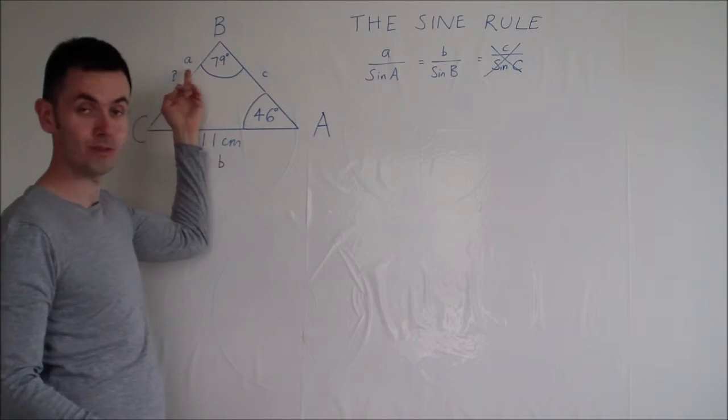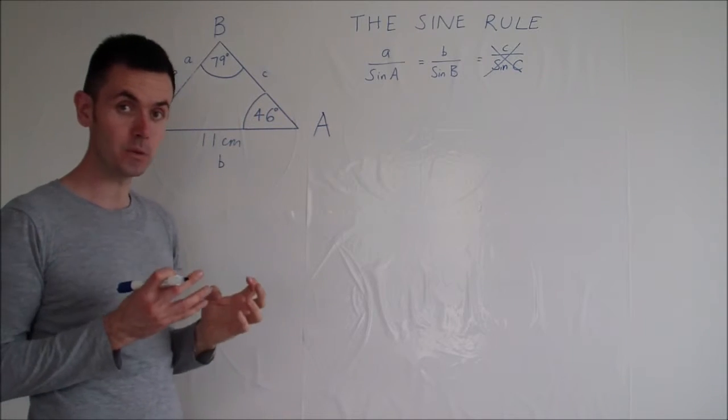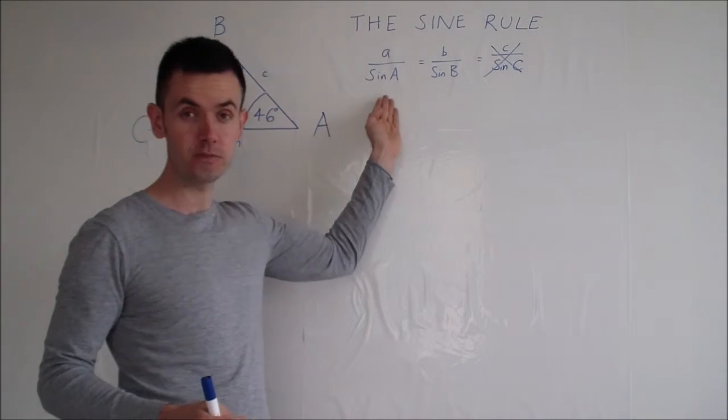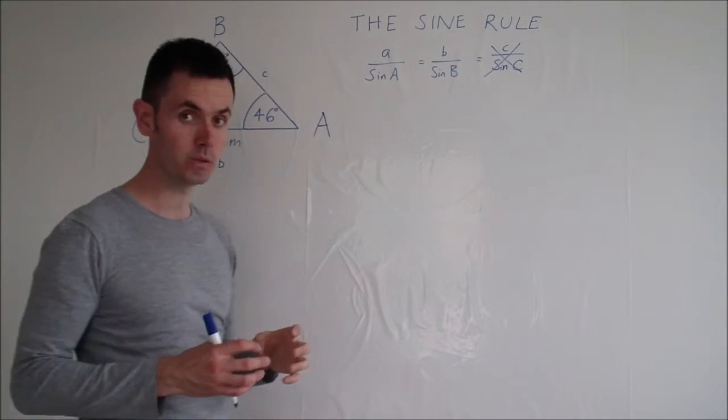And don't forget, what we're looking for is little a. We're looking for a equals something. So we need to rearrange this formula slightly to get a equal to something.